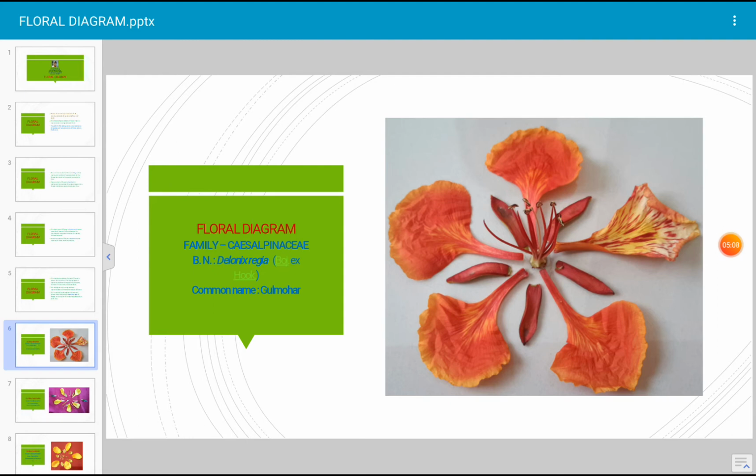I have given some photographs, but this is not a complete floral diagram. Just to create interest, I wanted to make the PPT beautiful. This plant is known as Delonix regia, a member of the family Caesalpiniaceae, and its common name is Gulmohar.